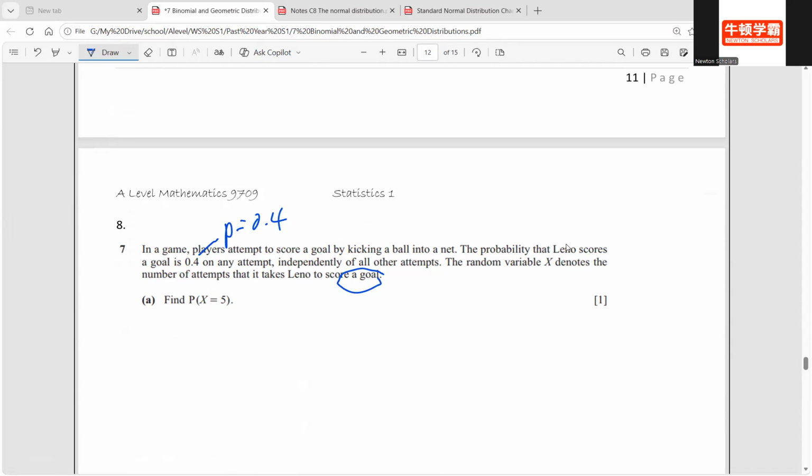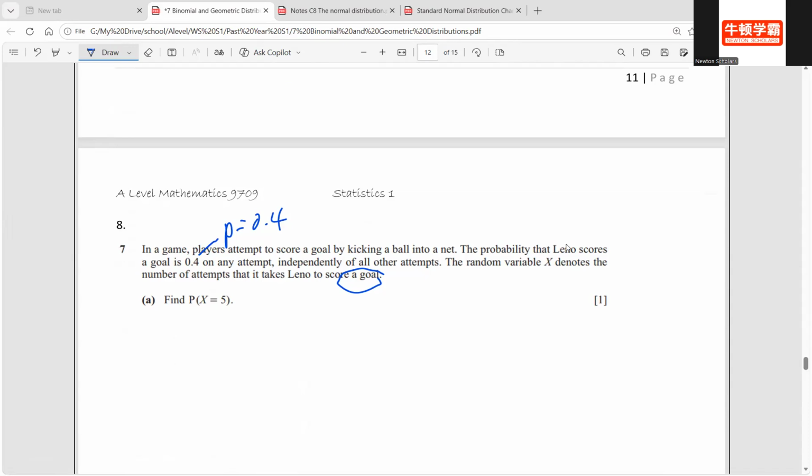Here I never see the keywords "first try until" for the geometric distribution, but I saw this one. He will denote the number of attempts that he takes to score a goal, meaning he will keep trying until he succeeds. It's the same meaning.